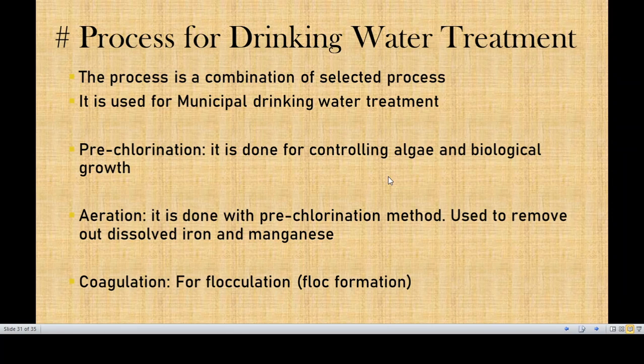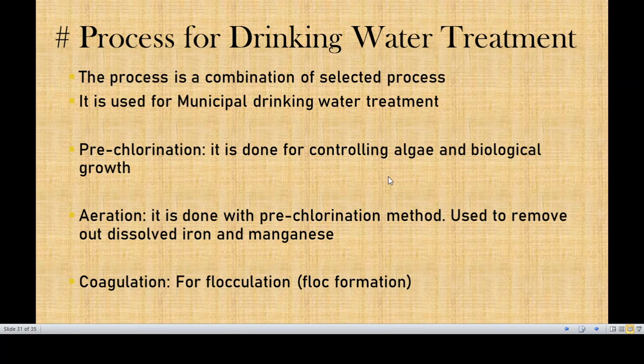Chlorine is added into the water collected from rivers, lakes, ponds or canals. Why is it being done? This is done to control the growth of algae and biological organisms which are not visible to your eyes. So chlorine is added into the water so that biological growth is controlled. So that is the first method.